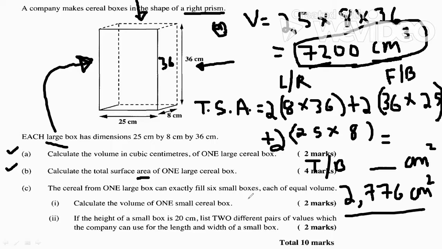Basically, one big box of cereal can fill up 6 little ones. Question is, calculate the volume of one little box. How would you do that?